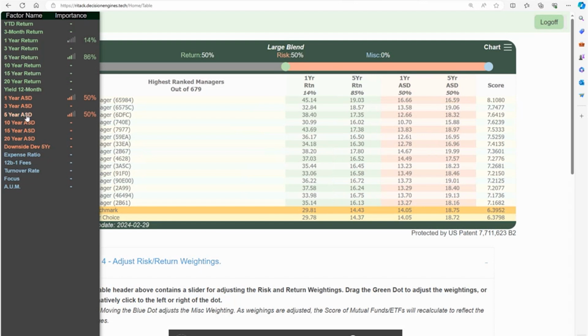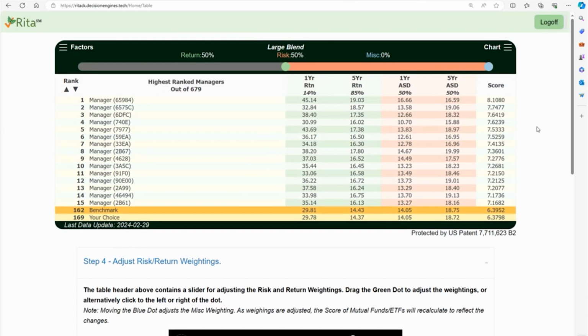Now, here's what this means. If this is the volatility, the average return differential, in other words, the variance over 5 years, and you can see we've got a 5 year return here of 19.03, and you subtract 16.59 from that, you're going to get a little over 2%.